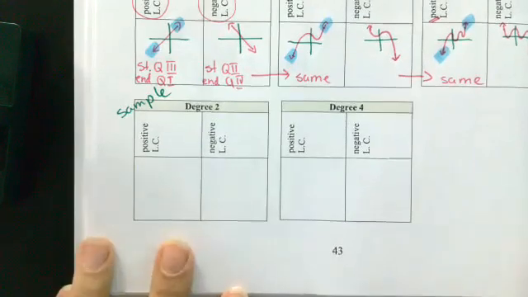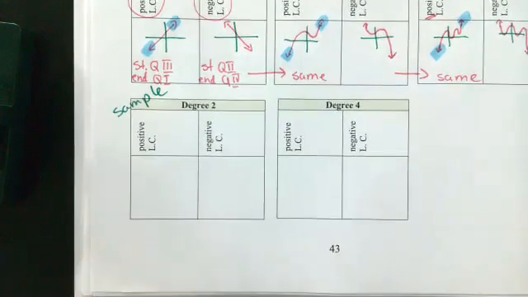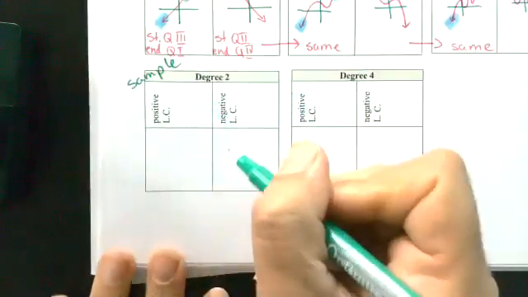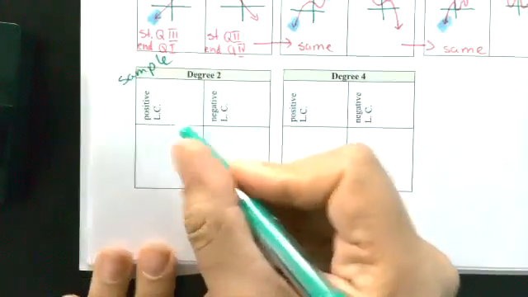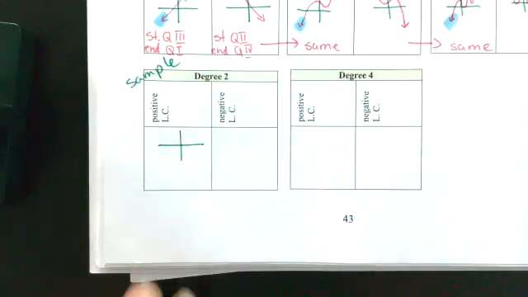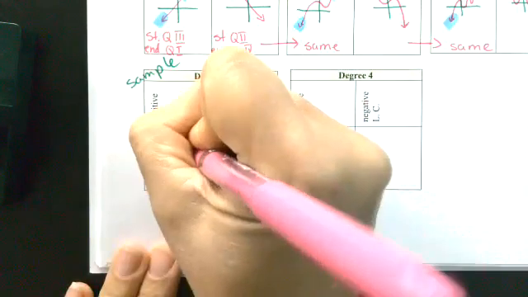Now the sample for even degree will be degree 2, because everybody knows parabolas or should know. So a parabola that has a positive leading coefficient equation will be looking like a smiling shape like that.